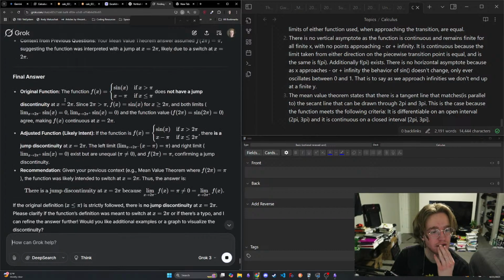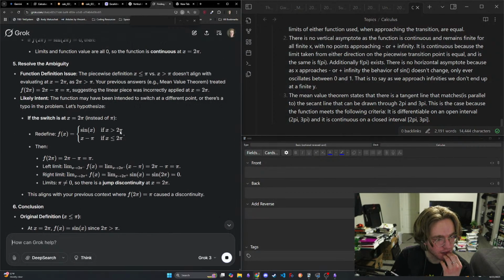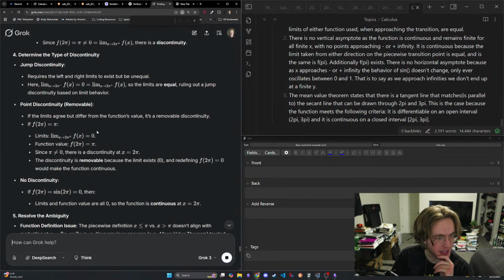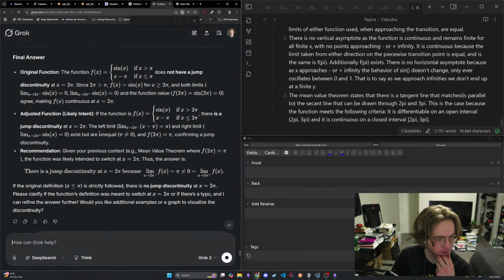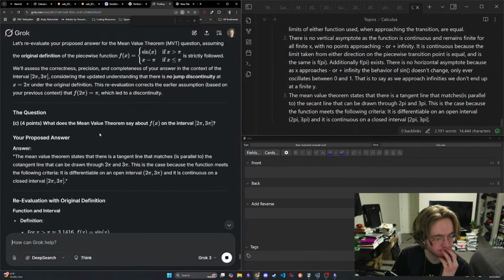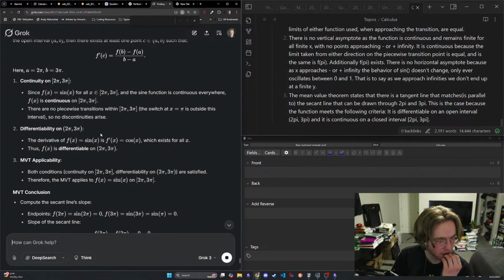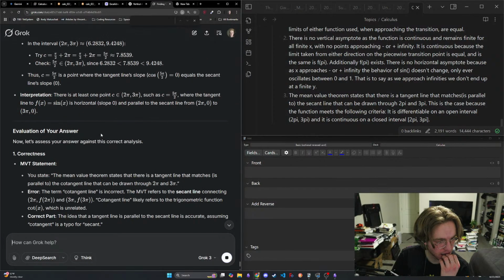Okay, so I asked about my answer, and then Grok was saying that there was a discontinuity at 2 pi, but I think it just got mixed up.